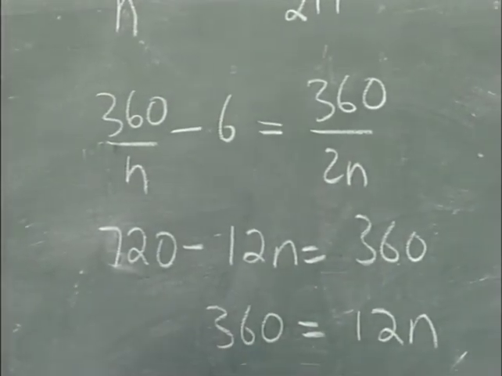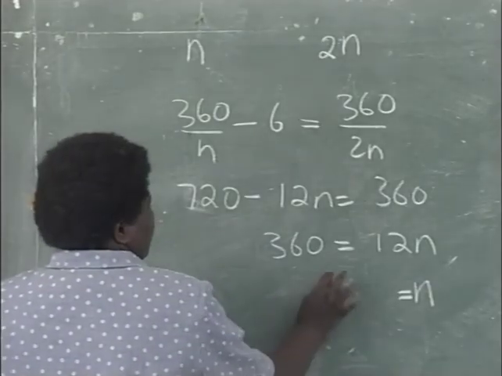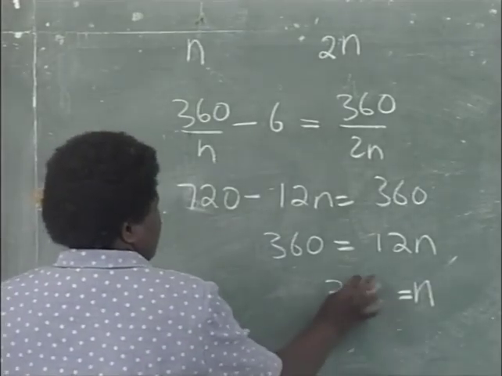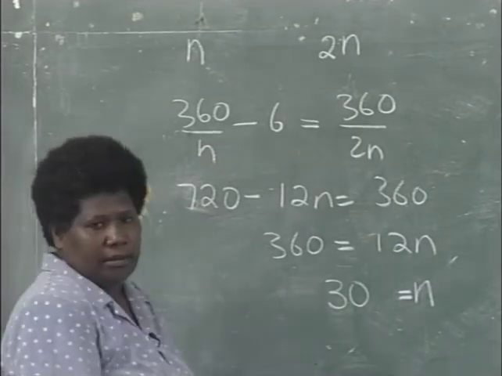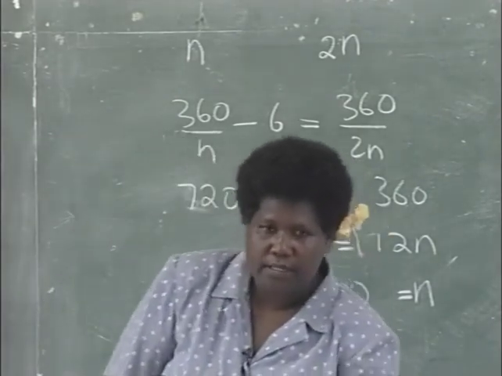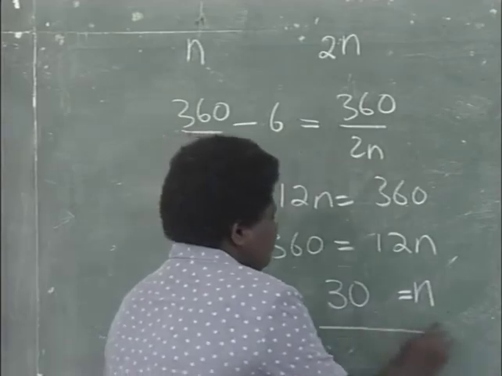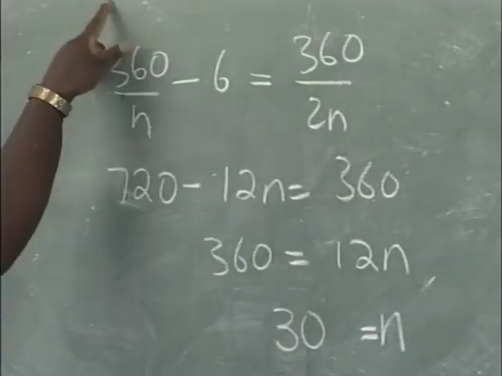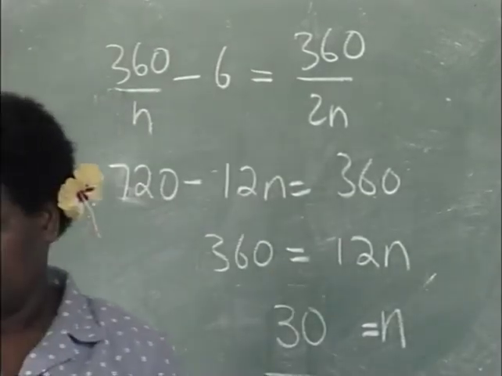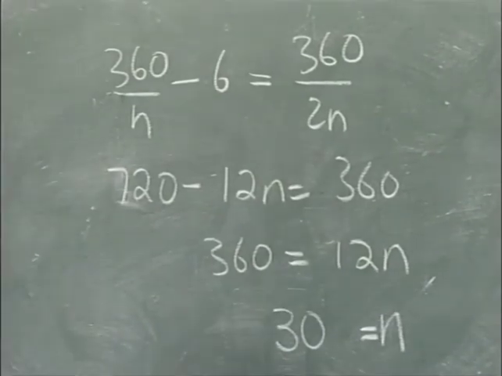And 360 divided by 12 is 30. Is that the correct answer? So the value for n is 30, which means one polygon has 30 sides, the other has 60 sides. I wonder how you can draw that.